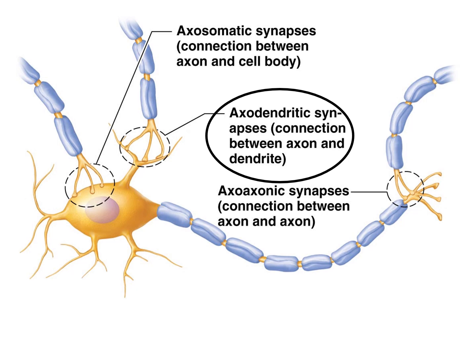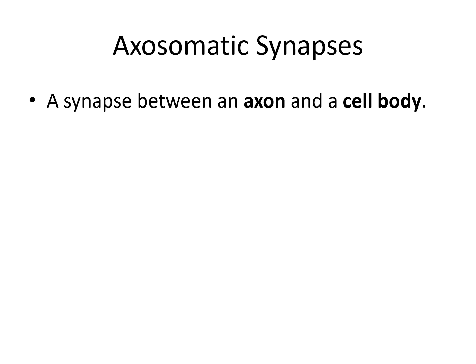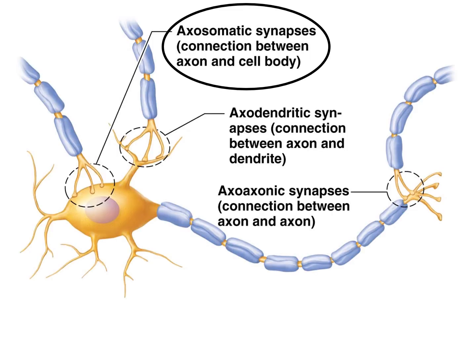So here the synaptic bulbs or synaptic ends of one axon are forming a synapse with the dendrites of another neuron. The second type are axosomatic synapses, a synapse between an axon and a cell body. Here I circled this one, showing a connection between an axon and the cell body of another neuron.